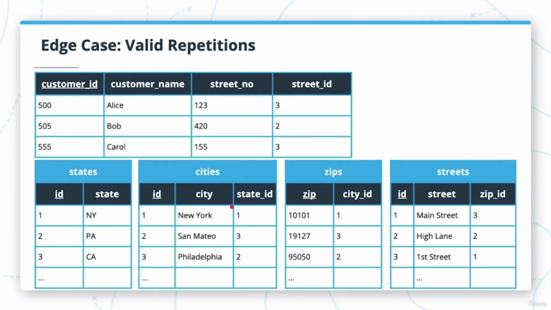And then we can jump back to the states table and see that state ID number 1 is New York. So just by having the street number and the street ID, we are actually able to reconstruct the full address and fully separate our entities and fully separate our data into obeying third normal form and eliminating all transitive dependencies.